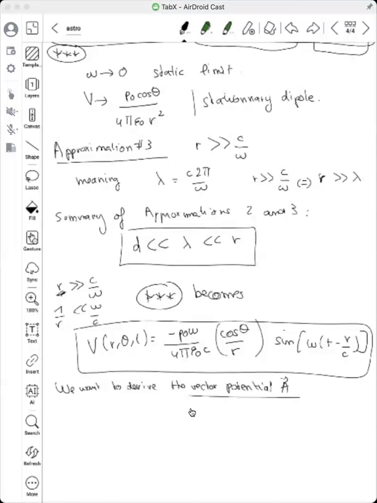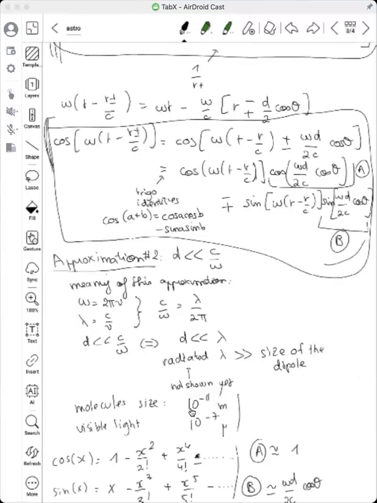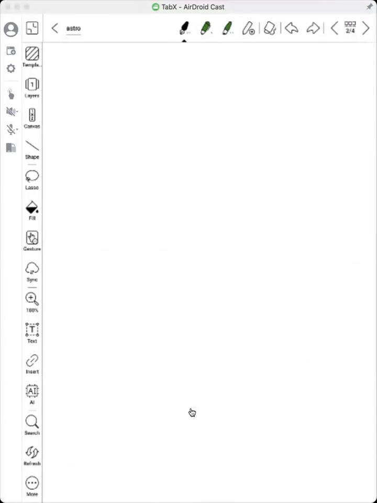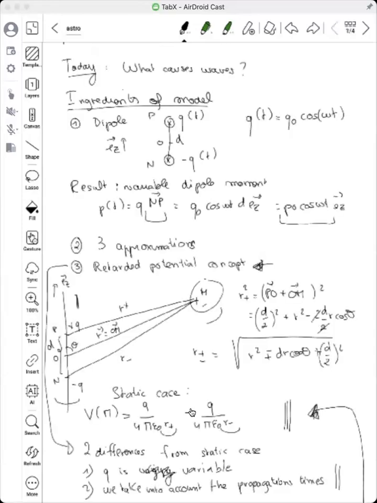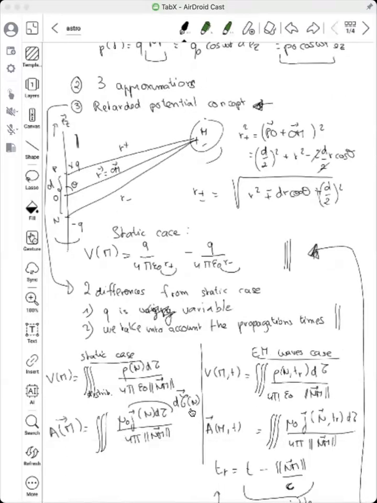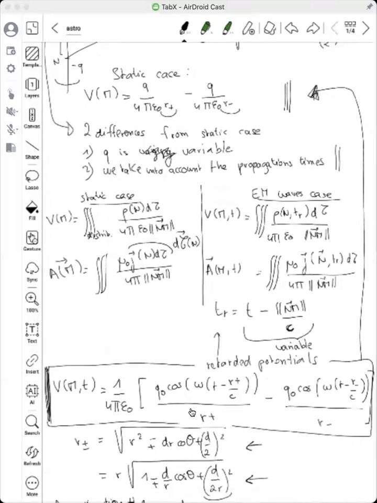We need to remember how to write dC. Let's go back to the first page. Okay, so the vector potential is here. Do you see my screen? Yes. Okay, so I have the vector potential here.